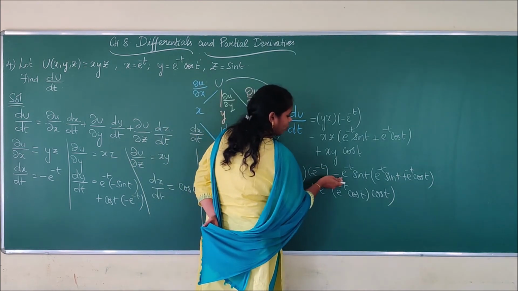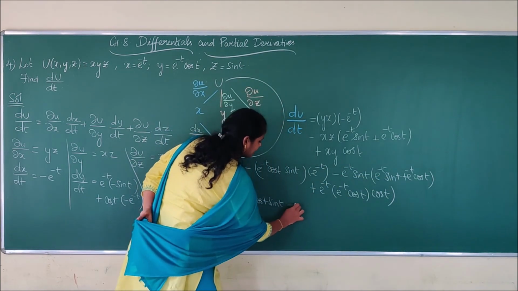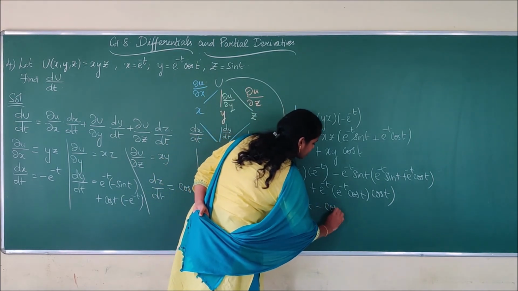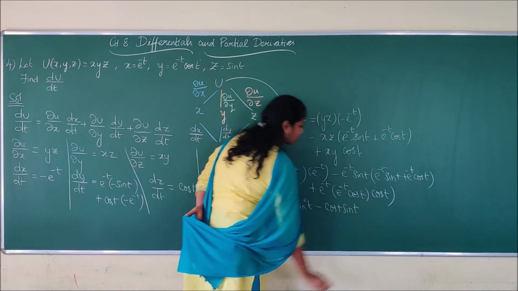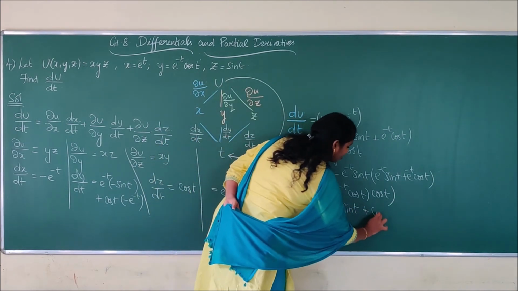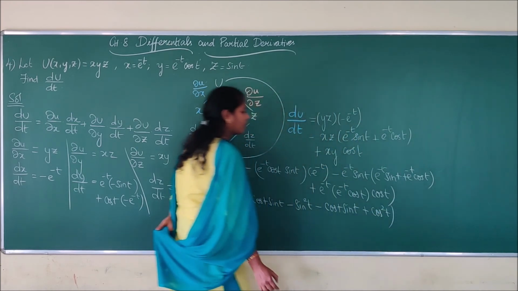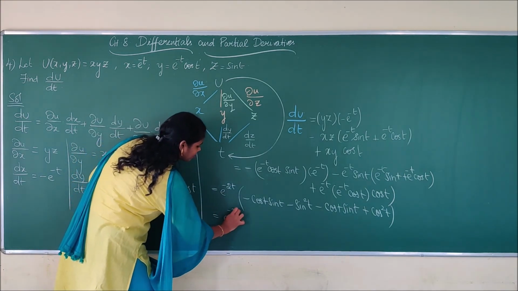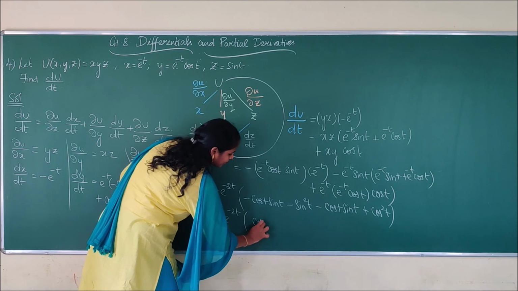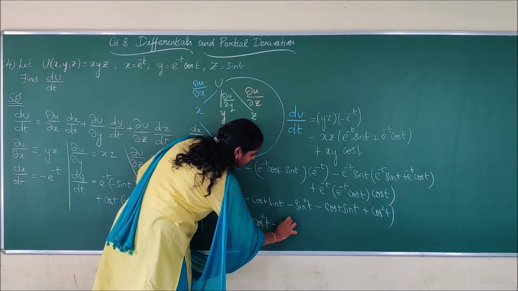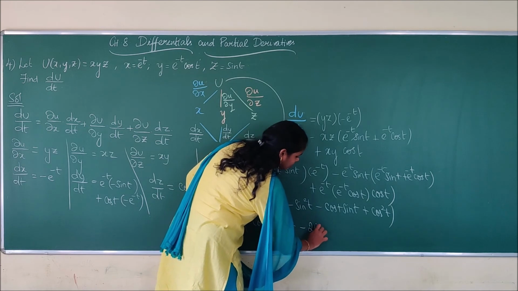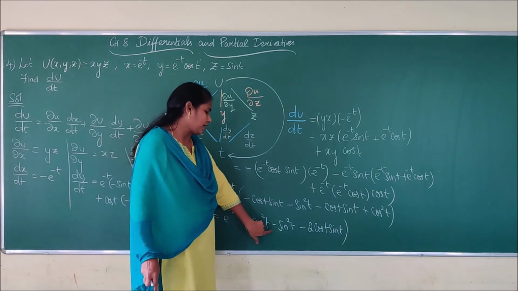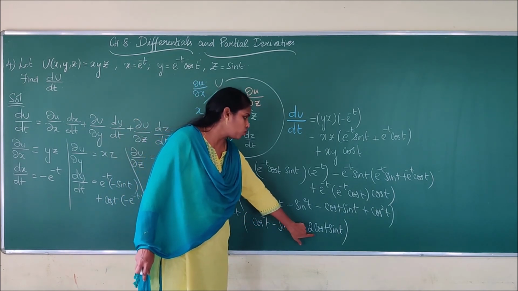If I take the sin t inside, I will be getting minus sin square t, minus cos t sin t, minus cos t sin t here, plus cos square t. So this can be written as e power minus 2t times cos square t minus sin square t minus 2 cos t sin t.